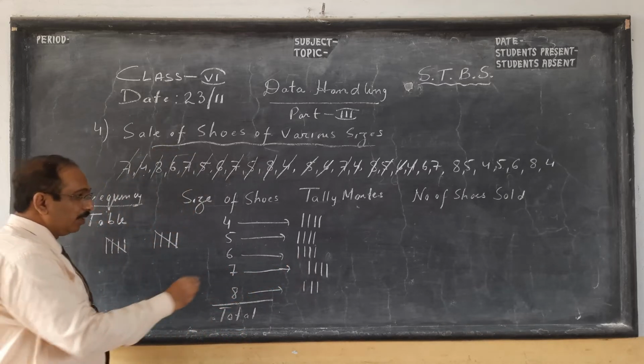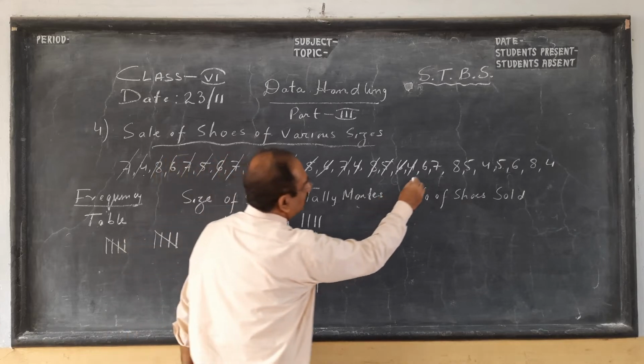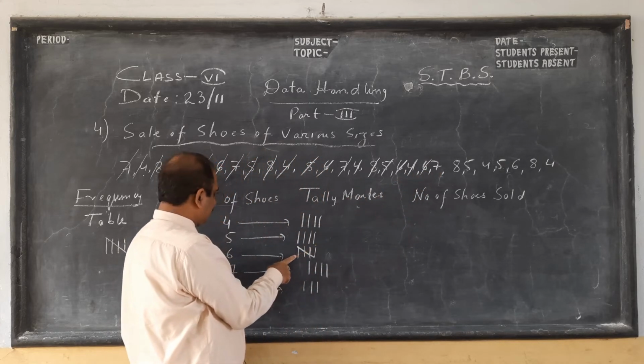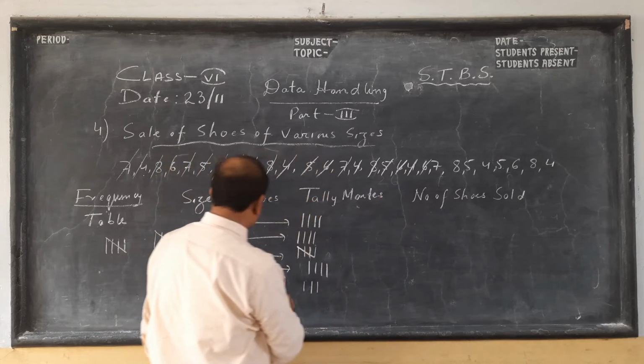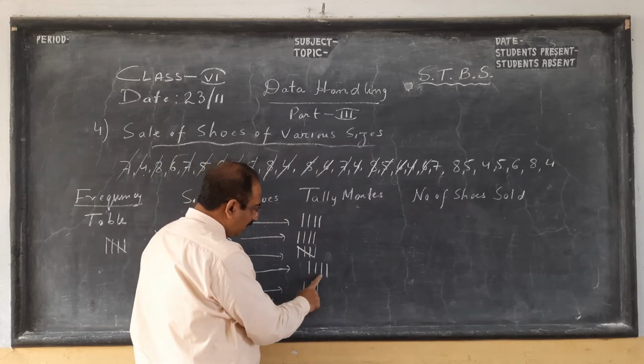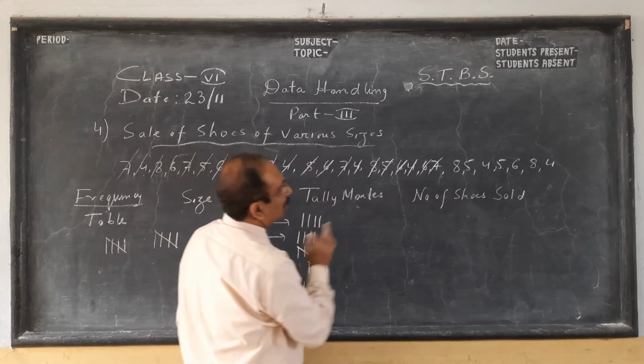So next the fifth will be like this. So this is my fifth 6. 1, 2, 3, 4, 5. 7, see, same way, children. 1, 2, 3, 4, this is the fifth one. Then 8.